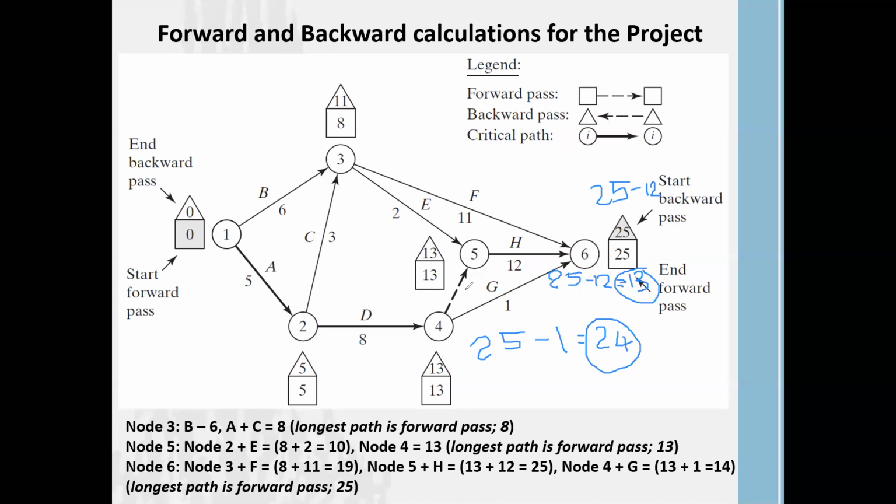So remember, the backward pass is not 24 for node 4.